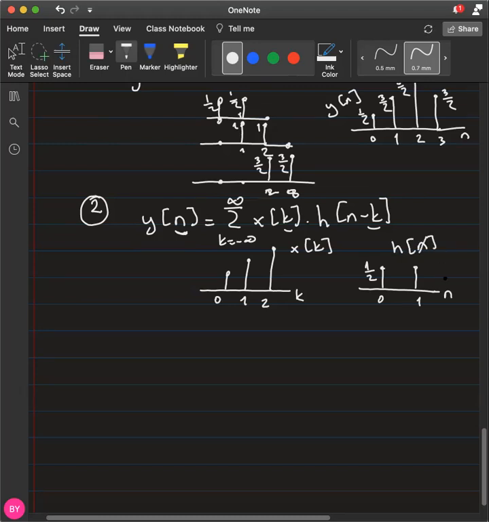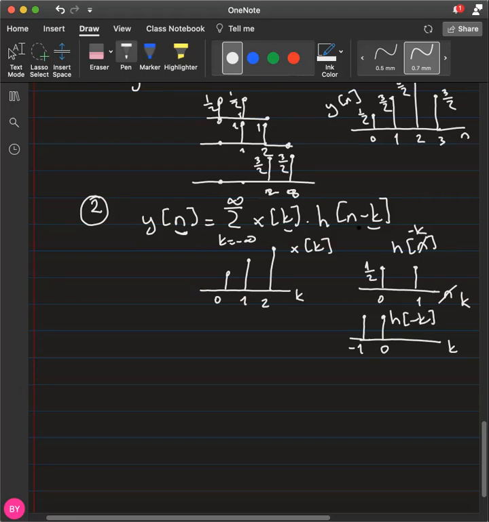Then I will change this into h of k. Now it is h of k. Then I will take the reverse of this signal. Okay, arkadaşlar, reverse. Now it will be 1 over 2, 1 over 2. This will be 0 and minus 1. And now this is h of minus k.